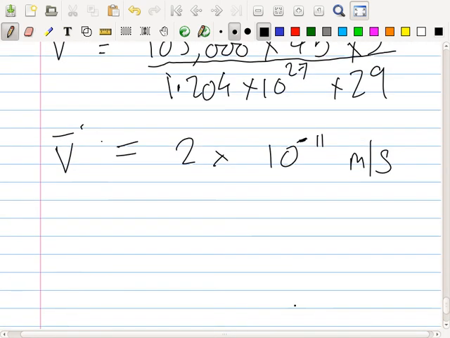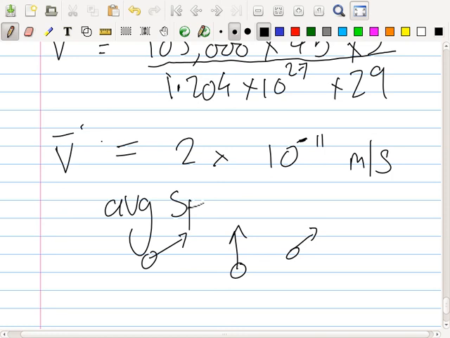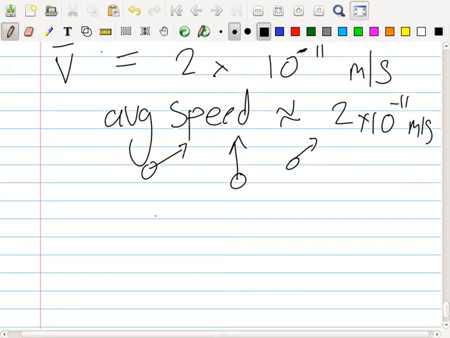Okay, so now what does this represent? The average velocity of the air. So on average, the average speed is roughly 2 times 10 to the -11 meters per second. But that's so small. Isn't it so small?